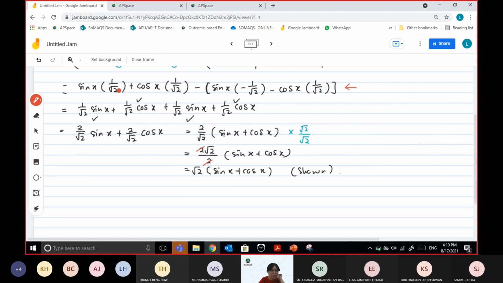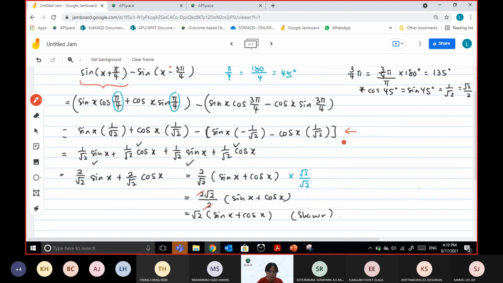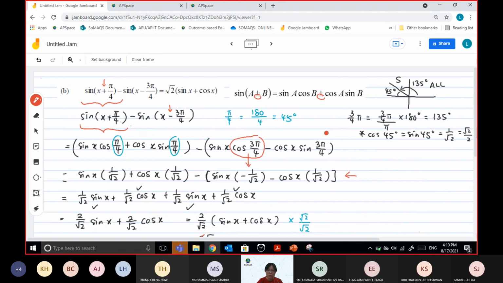So how do we get 1 over square root of 2? Not for this one, miss. I get this, but the other one, negative 1 over square root of 2. Yeah, exactly. Okay, so can you see this comes from here, right? Cos 135.